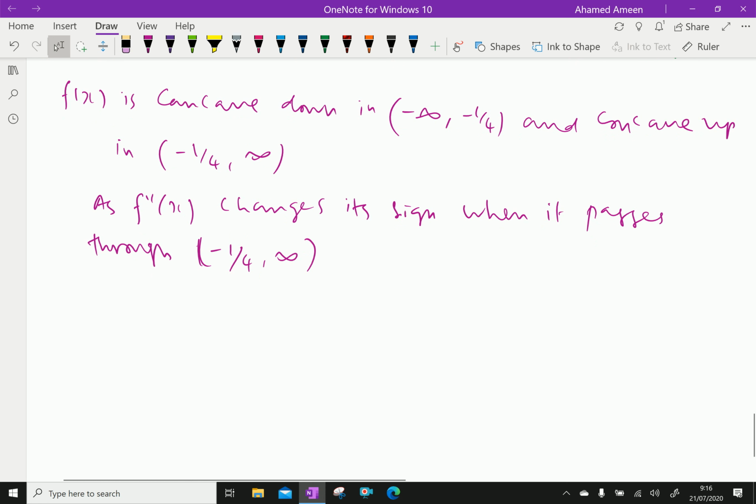Therefore, we have a point of inflection at x equal to minus 1 by 4.